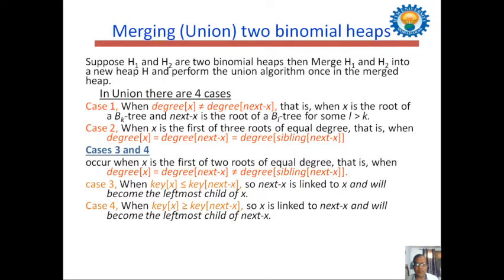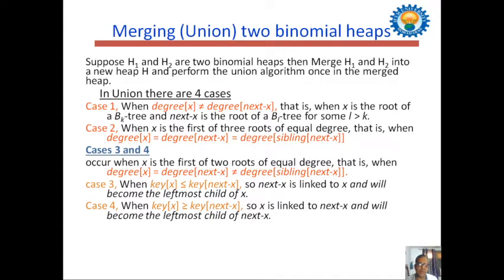Now, merging two binomial heaps. How to merge two binomial heaps? Suppose H1 and H2 are two binomial heaps. Then merge H1 and H2 into a new heap H and perform the union algorithm once on the merged heap. In the union operation, there are four cases. What is case 1? When degree of x is not equal to degree of next of x.